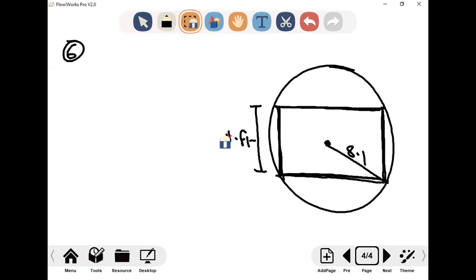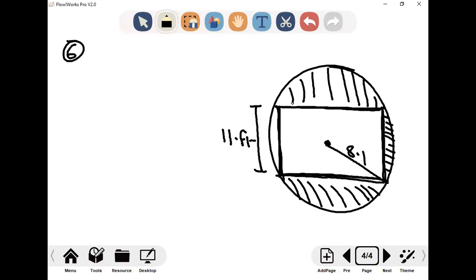Now we want the shaded region here. So I don't need the square inside, right? So I will cut this square. I don't need it, which means I will do subtraction. The whole area, the circle, minus the area of the square.